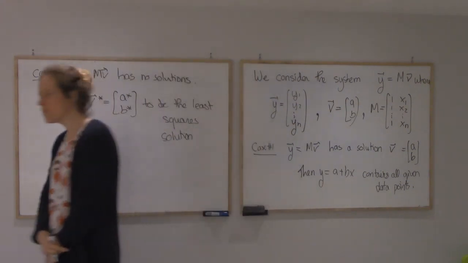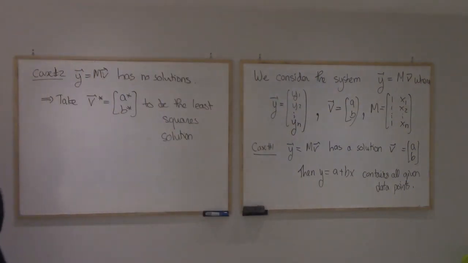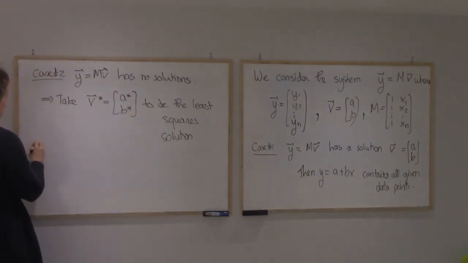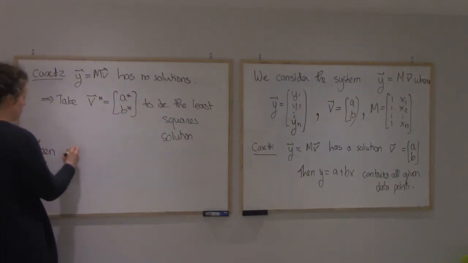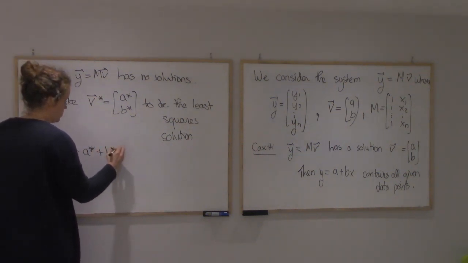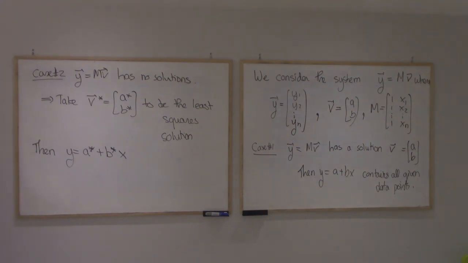You take the closest thing you have to a solution, then you get this line, which doesn't contain all the points, but it's the closest.